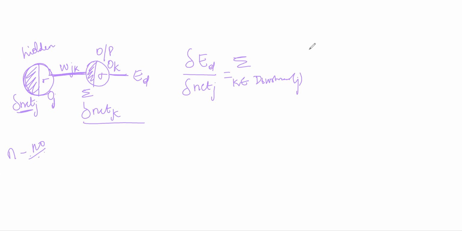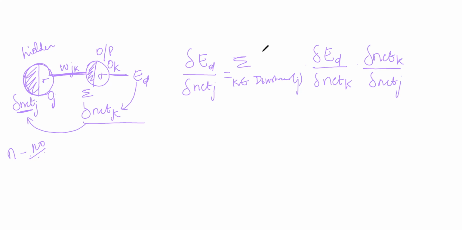So how do I write it? Delta ED divided by delta net K, that is ED with net K, first thing, into delta net K divided by delta net J. So I have the two paths that I have written for my hidden layers: from ED to net K, and from net K to net J. I want these partial derivatives.